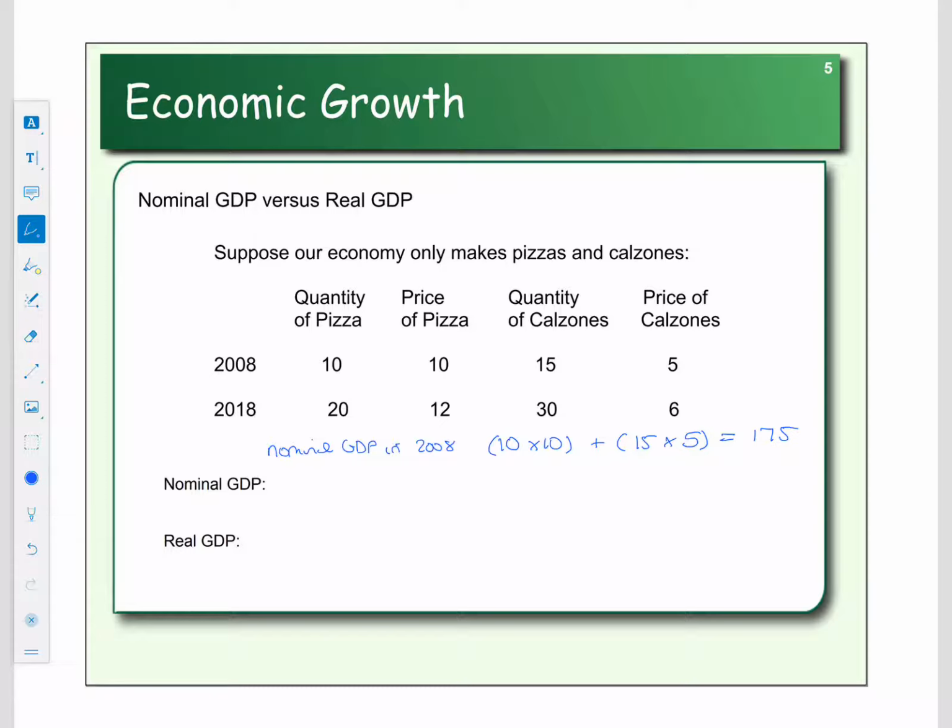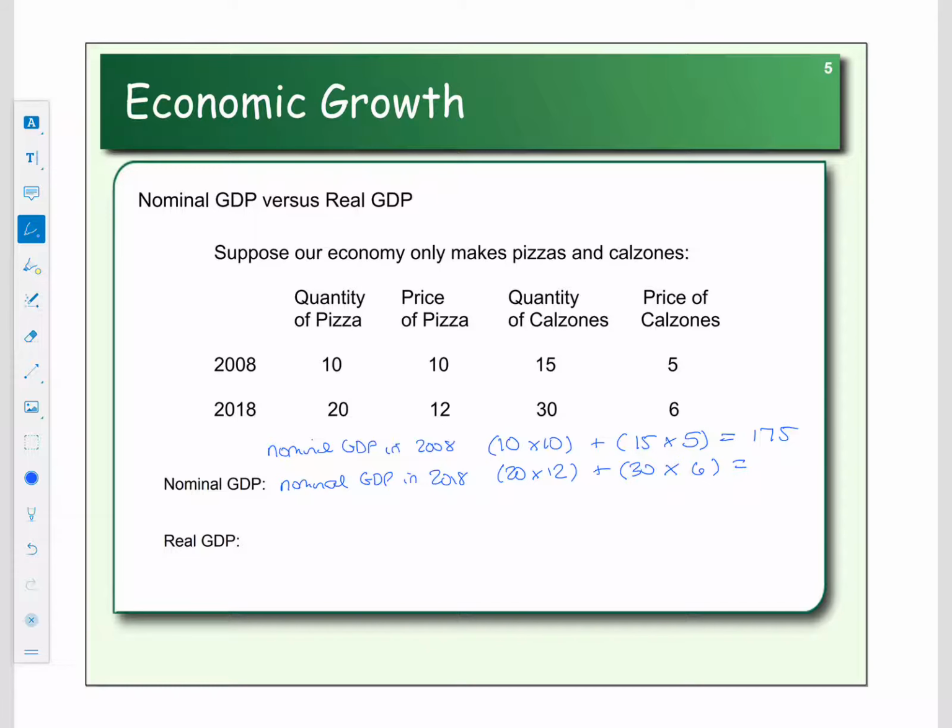Now what about the nominal GDP in 2018? So let's look at nominal GDP in 2018. Nominal GDP, remember, is the value of the goods in that year's prices. So nominal GDP in 2018 would be the 20 pizzas that were sold times the $12 they were sold for, plus the 30 calzones times the $6 apiece they were sold for.